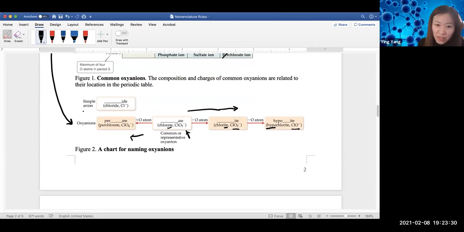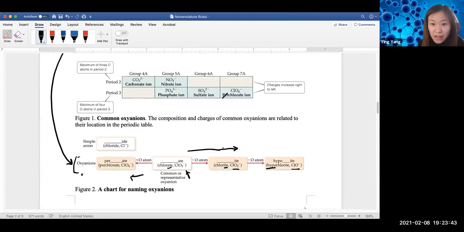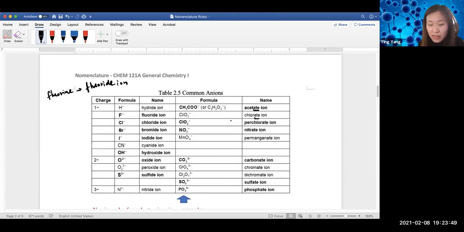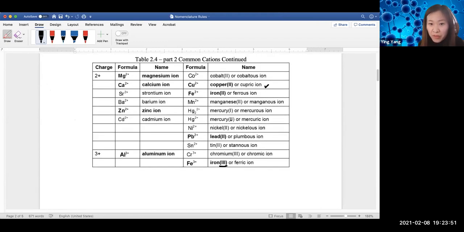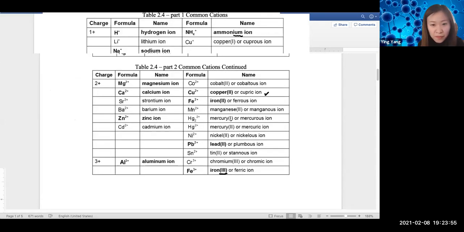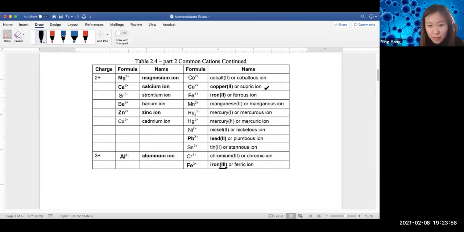And the one that you see in this chart is pretty much what you are going to be tested on for these 4 rules. And of course, you also need to know the common anions, the ones in bold in this table, and the previous 2 tables on page 1.